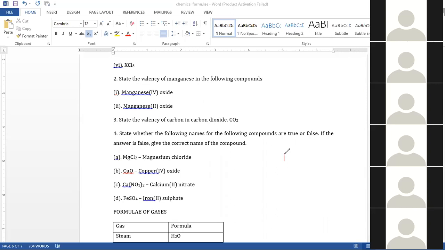Because magnesium has a valency of 2 and chloride has a valency of 1. So when you interchange, that's the answer you get, the formula and everything. So what I've shared on the screen, is it what you mean? Yes, teacher. Okay.